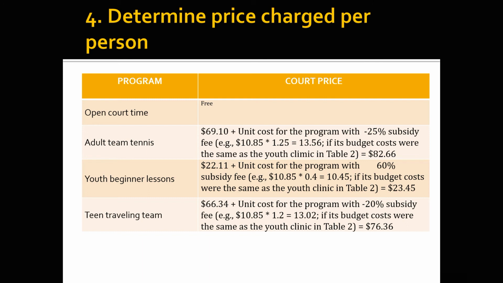So that would mean it would be $13.02 to cover the program cost plus some little bit of profit. Add that with our court time to get us $76.36. And that then is essentially what you'll be doing for all this process for your pricing case study.